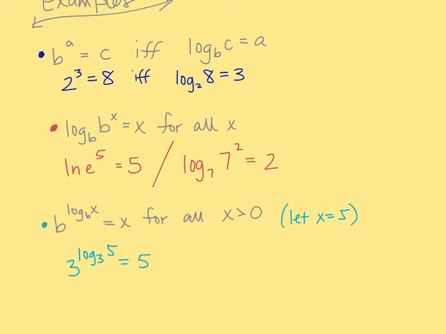We could have another example. We could say 10 to the log, of course, base 10 of 5 equals 5. Another example that we could have, and again, x does not necessarily have to be 5. Another example that we could say is that 8 to the log base 8 of 12, that equals 12.